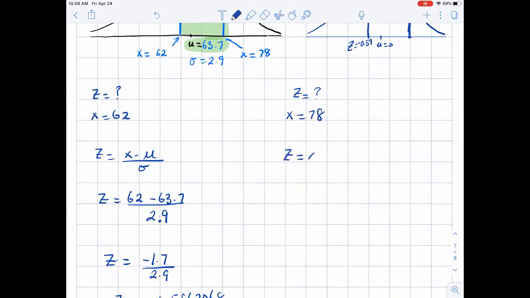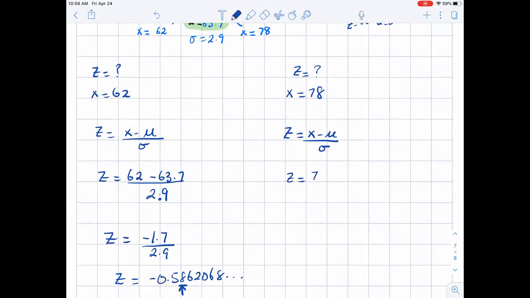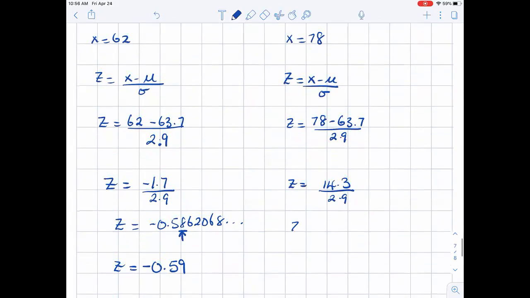Z is equal to X minus mu over sigma, so Z is equal to 78 minus 63.7 over 2.9. 78 minus 63.7 is positive 14.3. Divide that by 2.9.